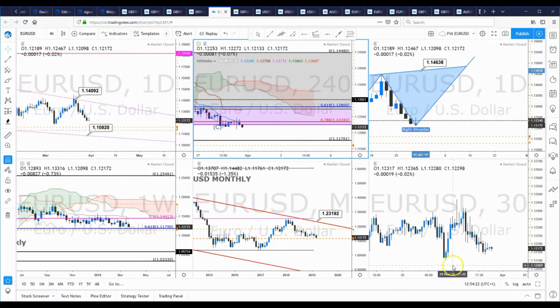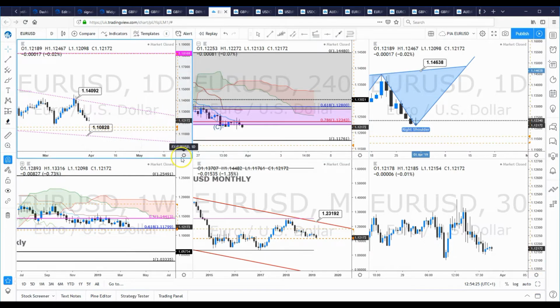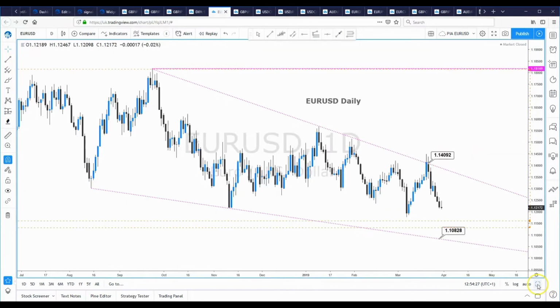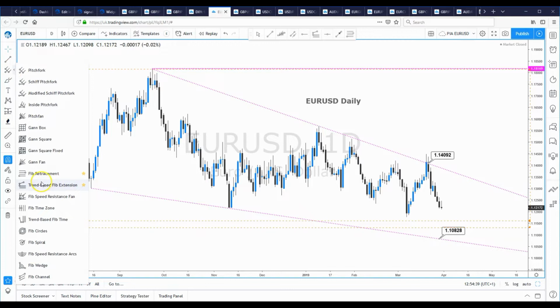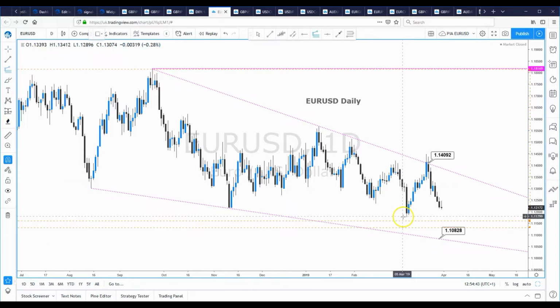And one thing that we should note, as long as we don't make a lower low, so in other words, this swing low makes a higher low, then it would dictate this next move higher will be impulsive and will also be the third wave in a shorter term Elliott wave formation, if you like.